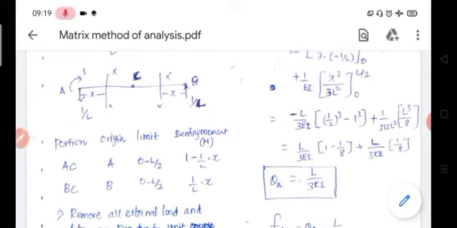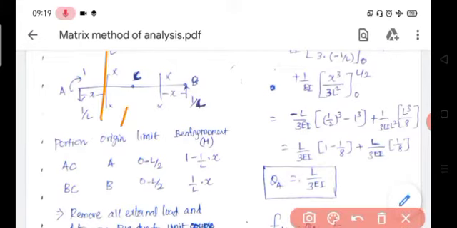First consider the AC portion. Let us consider a section XX, which is x distance from support A. For the AC portion, the origin will be A, and the limit is 0 to L by 2. So x is equal to 0 at A, and x is equal to L by 2 at C. Then determine the bending moment at section XX.